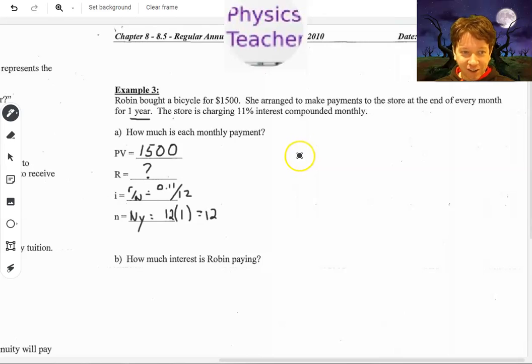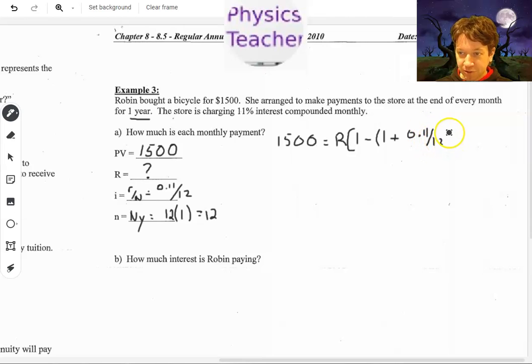All right, so let's look at our equation. So we've got present value, which is 1,500. And that's going to equal R, which we don't know. That's going to be our monthly payments. All times 1 minus 1 plus, and then it's I, which is 0.11 over 12, to the power of negative n, which is negative 12.